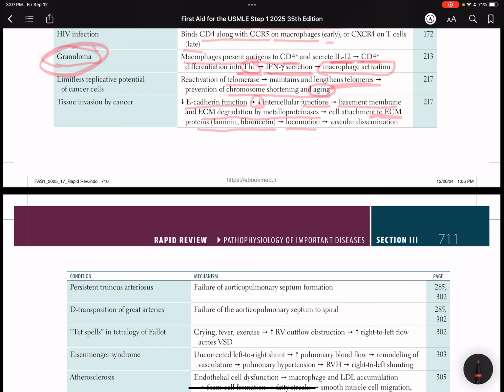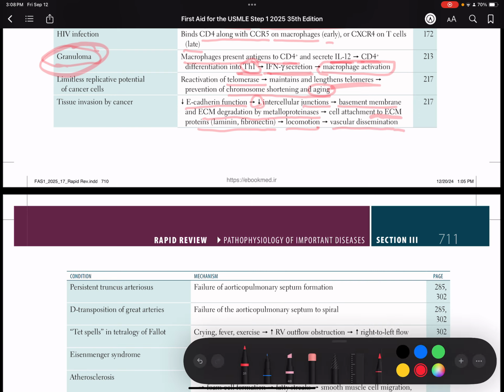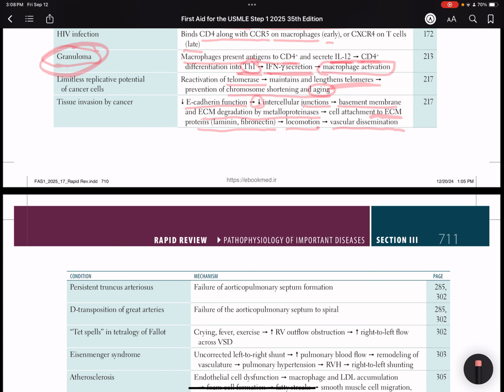Then you see locomotion. Then you see vascular dissemination.